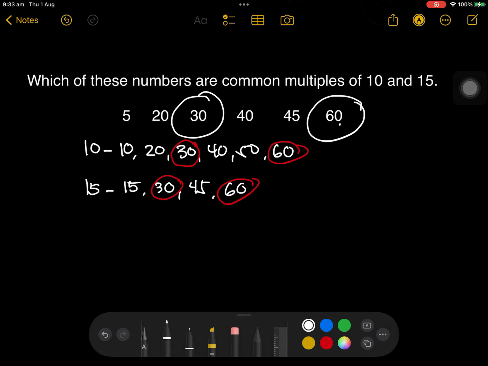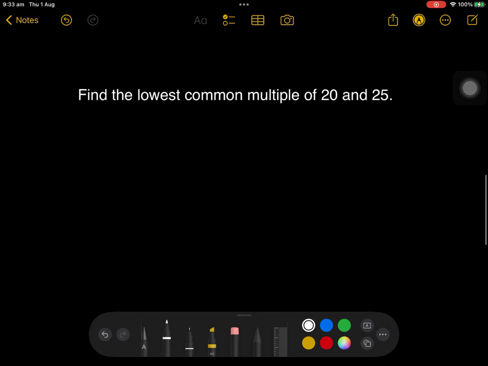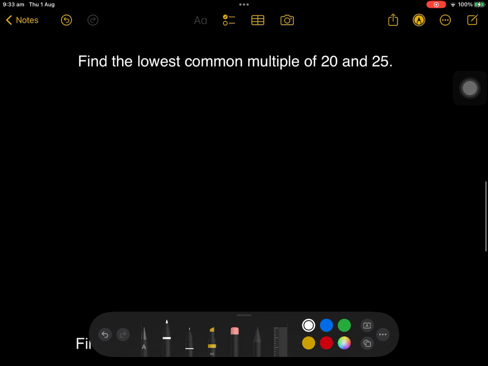Okay, let's have more. Third example, find the lowest common multiple of 20 and 25. I'm going to use my method. So 20 and 25 are divisible by 5. You try to apply your divisibility rules from the previous lesson, which I'm going to put the link below. 20 divided by 5 is 4.